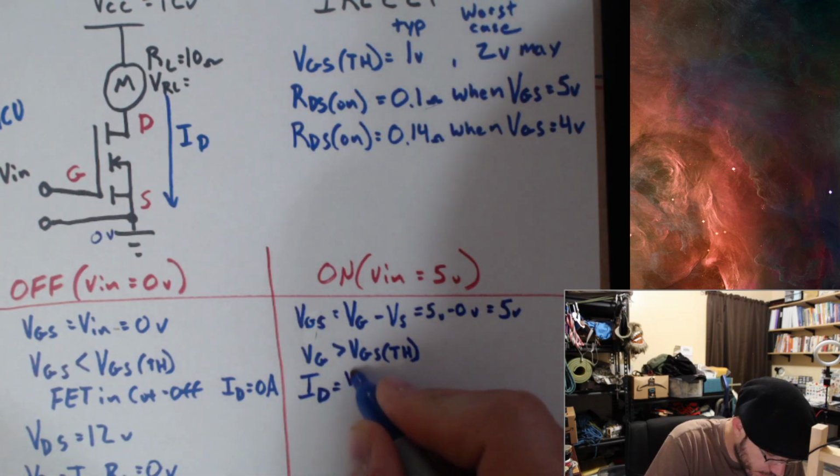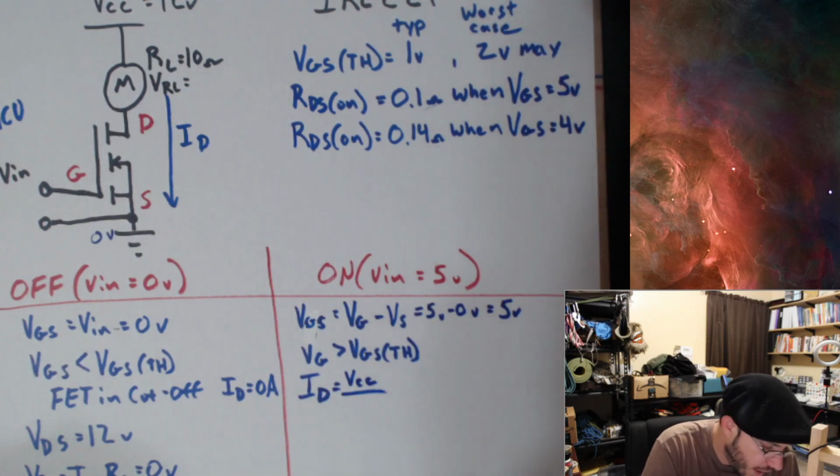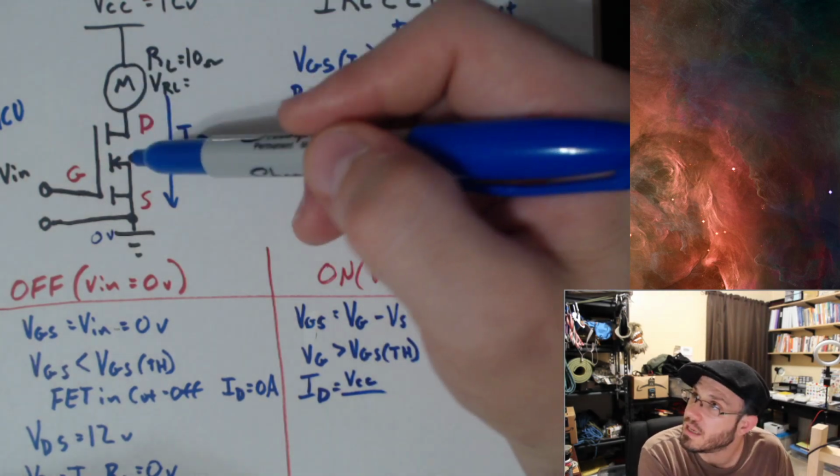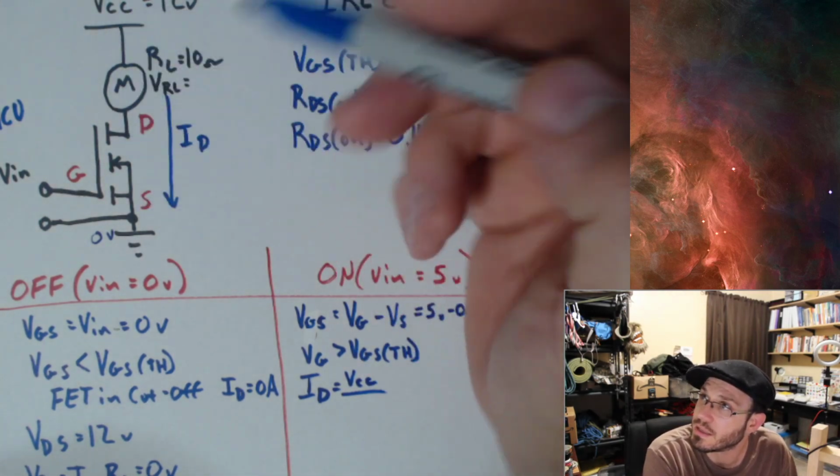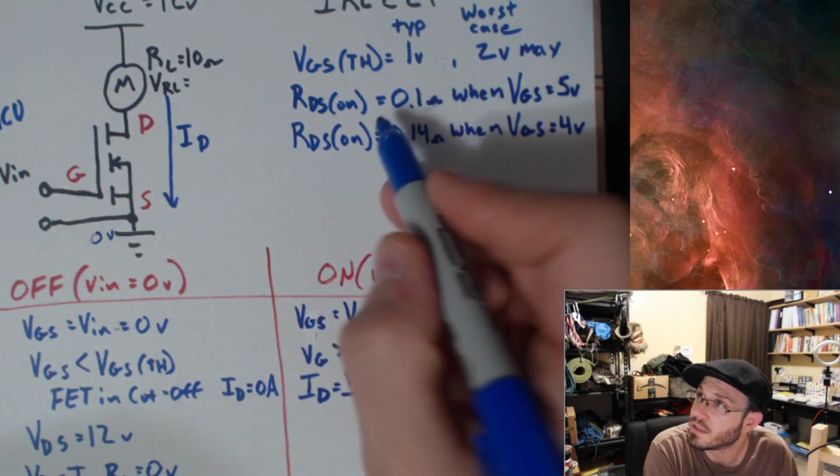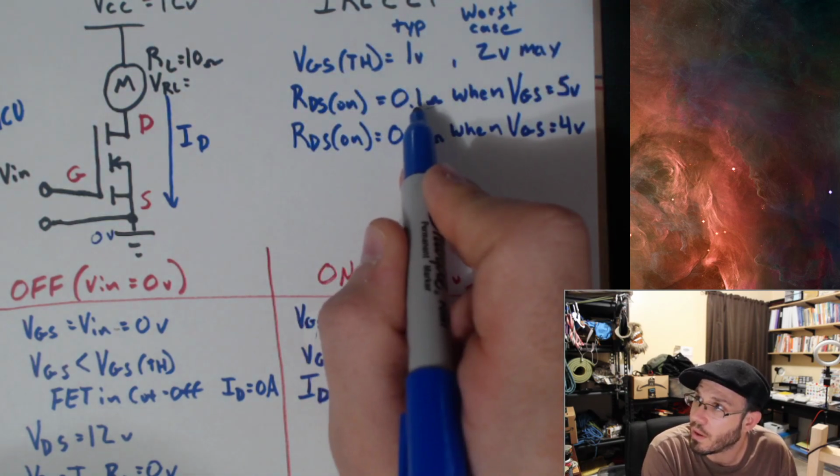ID is going to be equal to VCC divided by both of these resistances because they're both in series. So I have 10 ohms plus my RDS on value, which is 0.1 ohms.